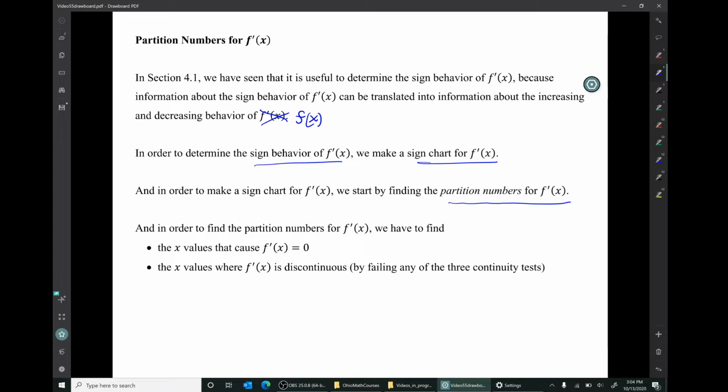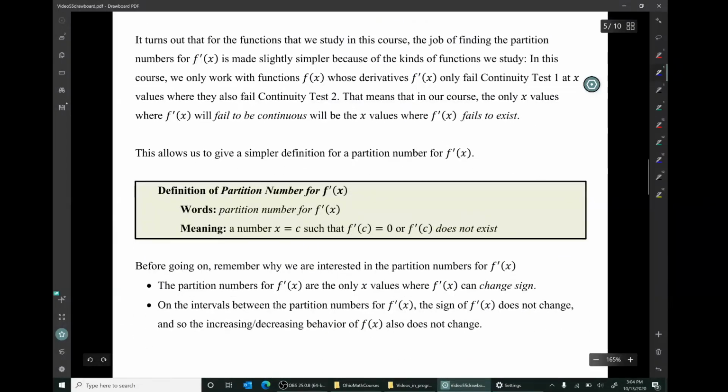So that would mean that we would have to find all the x values that cause f prime of x to be 0, and all the x values where f prime of x is discontinuous by failing any of the 3 continuity tests. Now, it turns out that for the functions that we study in this course, the job of finding the partition numbers for f prime is made slightly simpler.